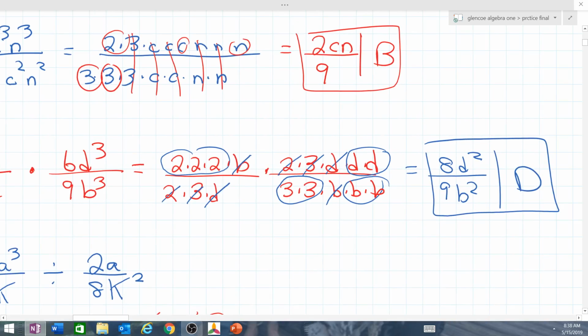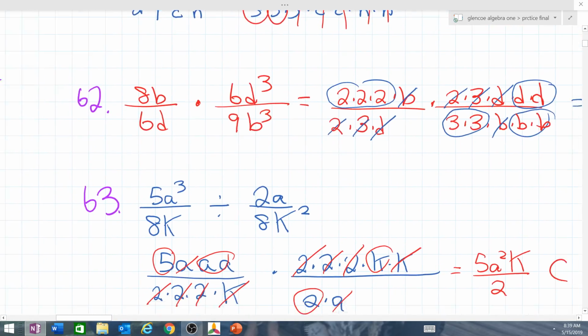And what's going to happen here is 1b is going to cancel with 1b. A 2 and a 3 are going to cancel. 1d is going to cancel, which leaves me 8d squared in my numerator over 9b squared, which is choice D.